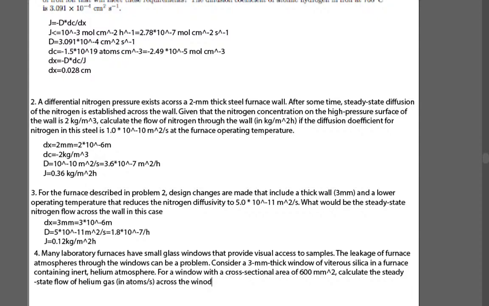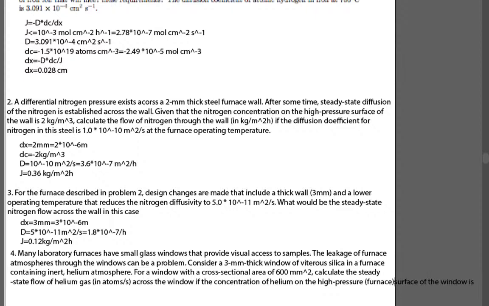across the window if the concentration of helium on the high pressure furnace surface of the window is 6.0 times 10 to the power of 23 atoms per meter cubed, and on the low pressure outside surface is essentially 0.